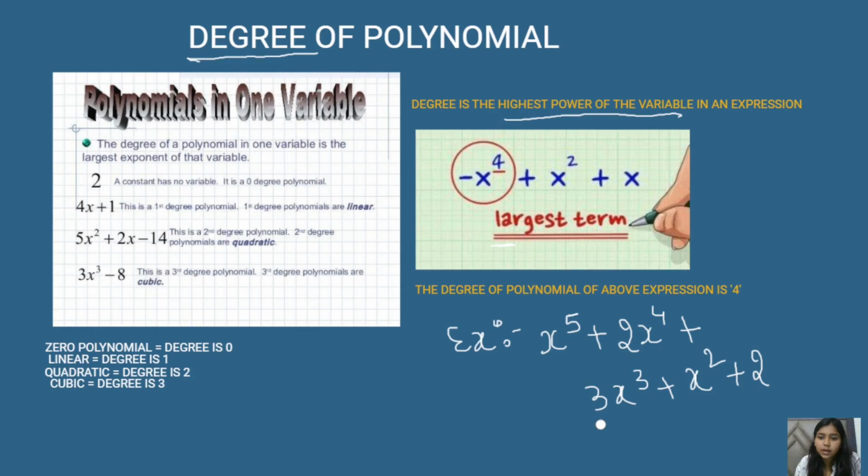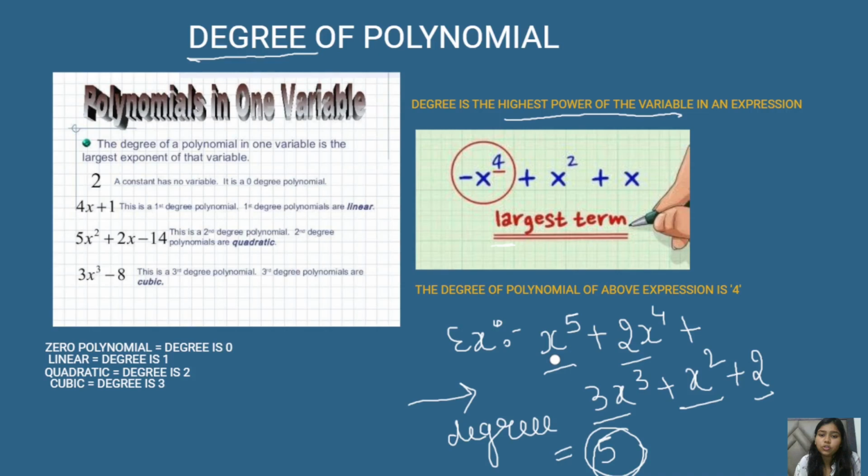For example, x is raised to the power 4, x is also raised to the power 5, x is also to the power 3, x is also to the power 2. So basically, in this kind of a polynomial, the degree of polynomial will be the highest power of the x. That will be 5. As you can see, the highest power for the x in this equation is 5. That is why the degree of polynomial in this equation is 5.